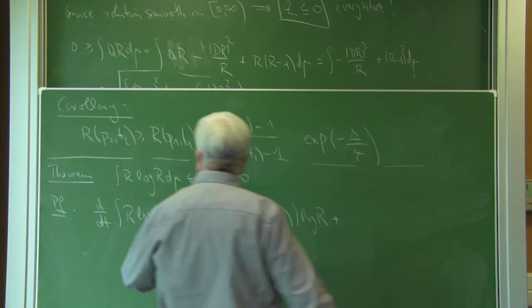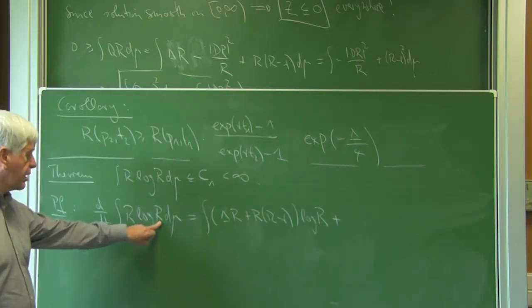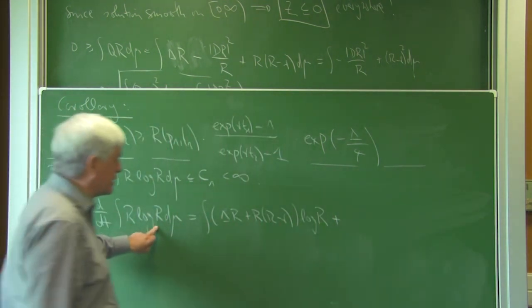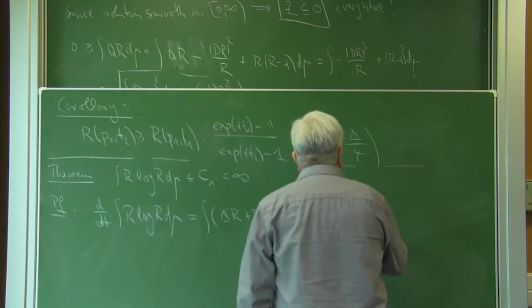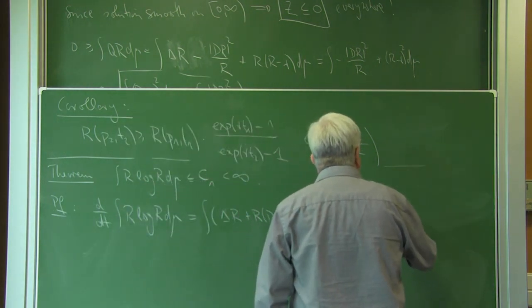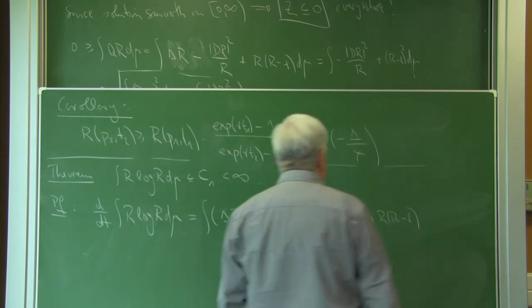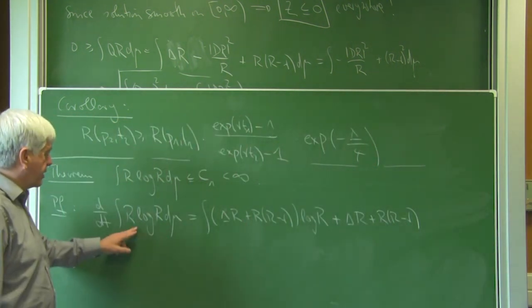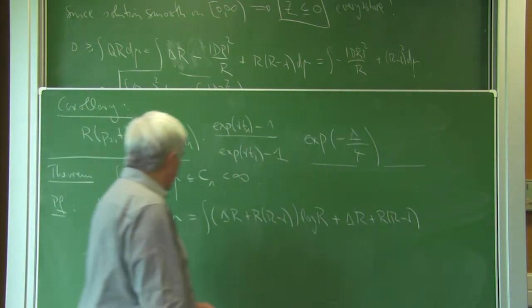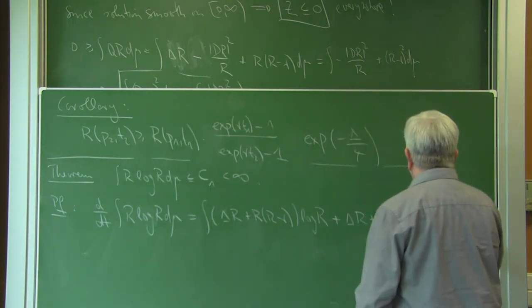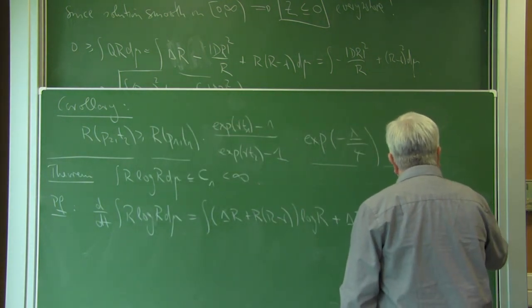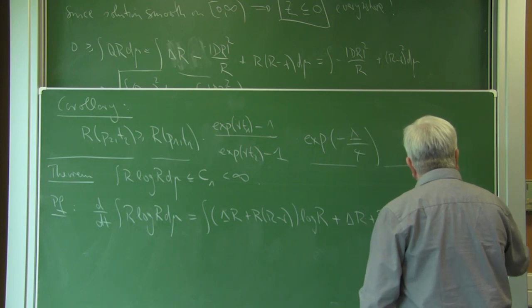And then from the evolution equation of log r, we get 1 over r cancels this. So we get just Laplace r plus r times r minus r. And then from the dμ, we get plus r minus r times log r.